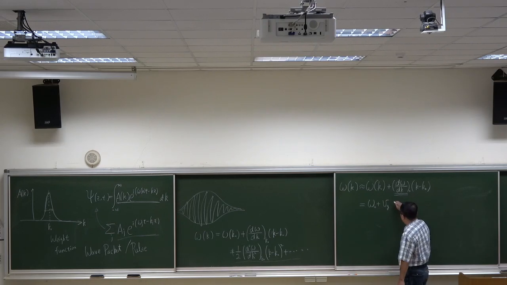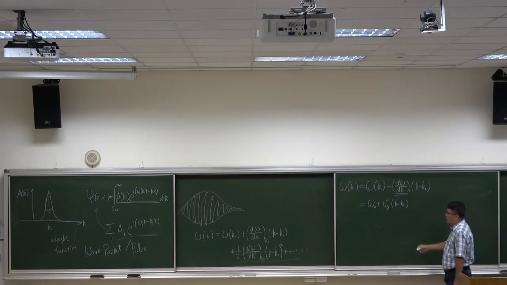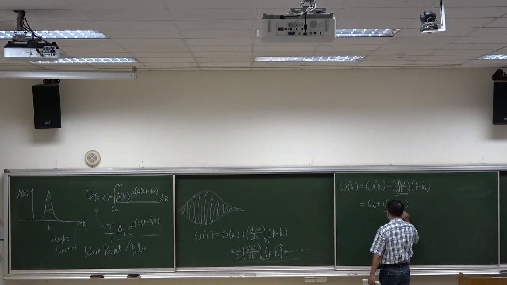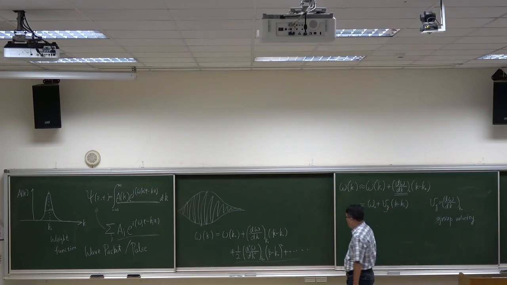So we can approximate omega(k) as omega naught plus d_g times k minus k naught. Here d_g is the group velocity.